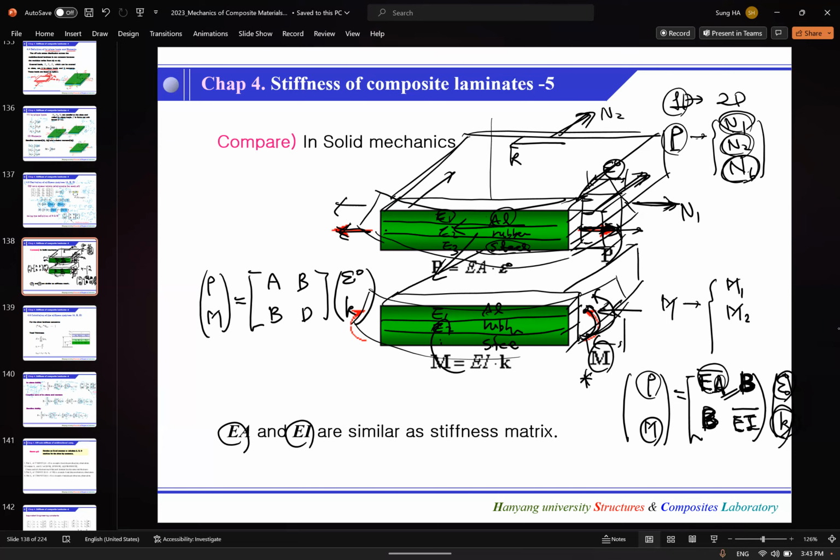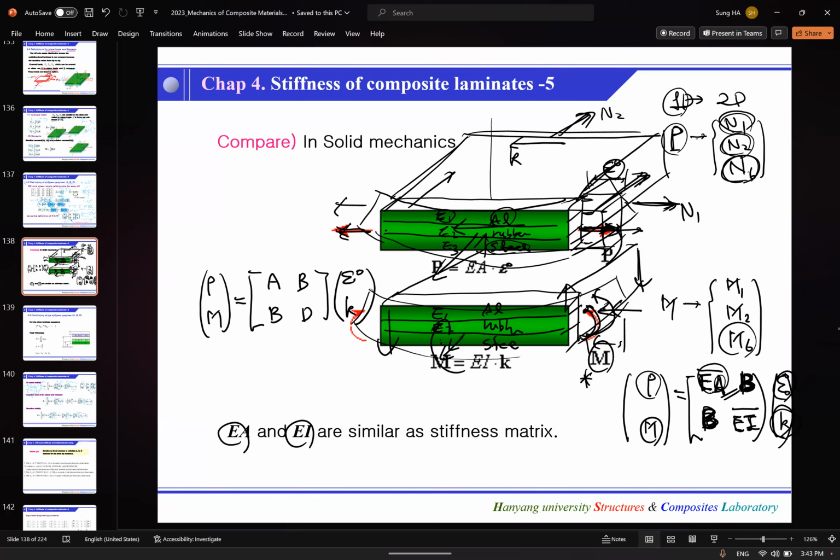We represent twist this way. If we apply deformations, you can see this goes up, and this goes down. Anyhow, we use M6. So M6 represents the twisting moment.